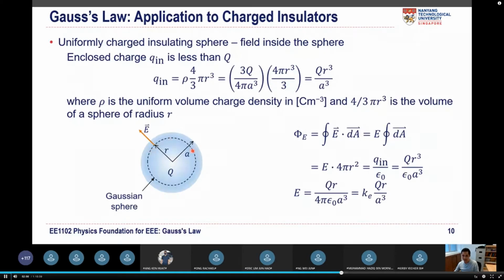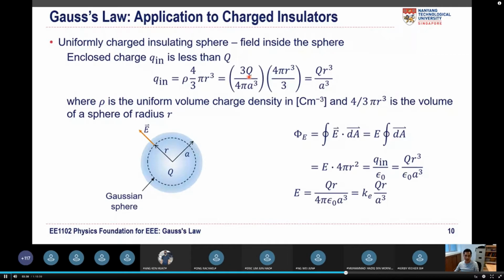And when R becomes A, how much of the charge is going to be enclosed within our Gaussian sphere? We're going to have Q, right? Because when R becomes A, our Gaussian sphere is exactly the same as the charged insulating sphere, and the total charge enclosed within that insulating sphere was Q. Anyway, when we draw the Gaussian sphere, we can calculate the charge enclosed within it using this equation.